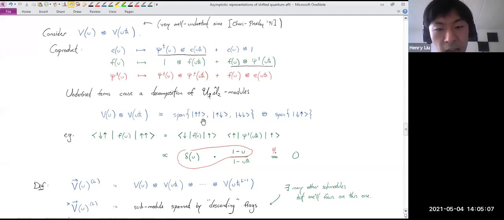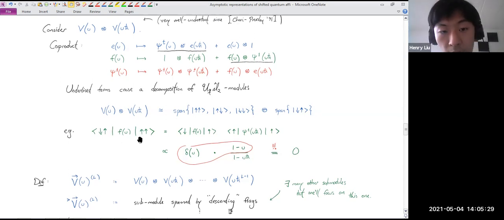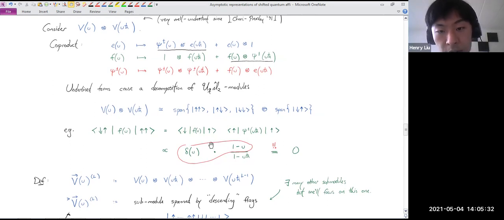It's spanned by pairs of up and down arrows, and you can see that there's actually no way to get to this particular basis vector from these other three. For example, if you start with up, up, and you try to lower it in the hopes of turning the first up arrow into a down arrow, you'll see that this coefficient of f turns out to be 0. There's some kind of conspiracy that happens for specifically this choice of evaluation parameters.